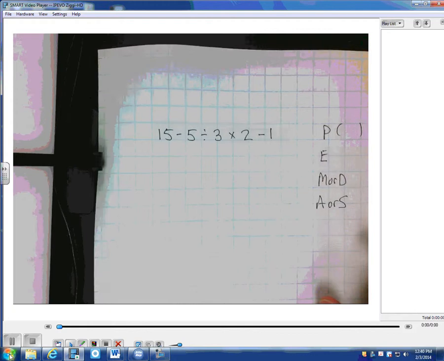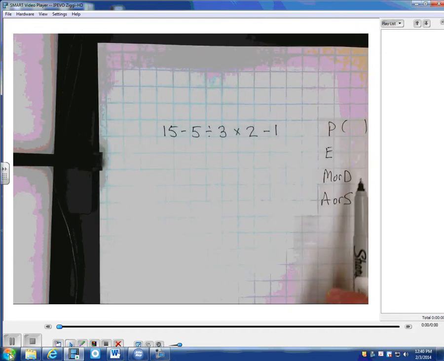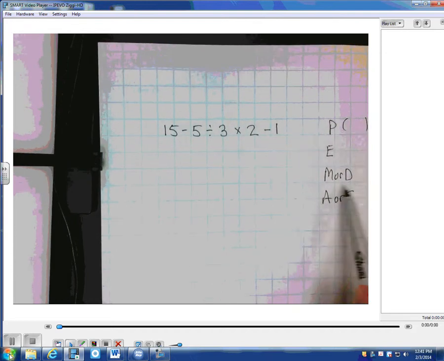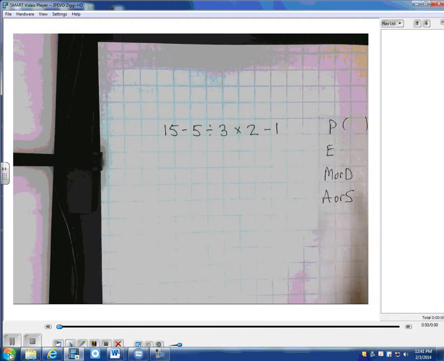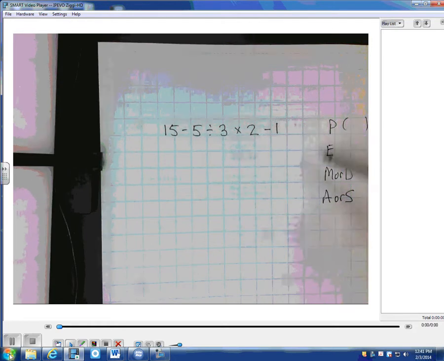You can do this one. We have the order of operations over here for you: parentheses, exponents, multiplication or division, whichever comes first, and addition or subtraction, whichever comes first if they're both in the same problem. So go ahead and do this one on your own. Just pick what operation we would do first based on our order of operations.